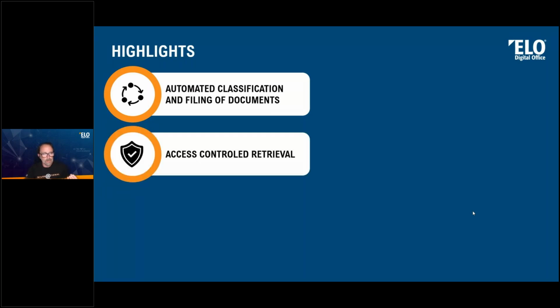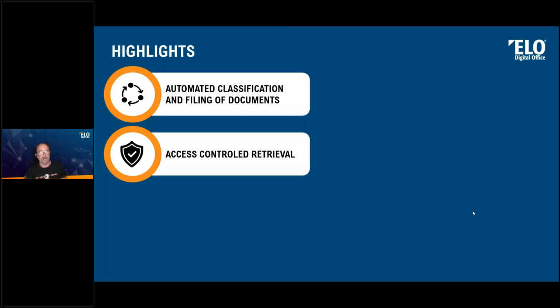Access to the records is controlled, so we have rules. We have users and groups where you can set the permissions for records in the repository. Because maybe not everyone in your company should have access to a project record or a purchasing record.